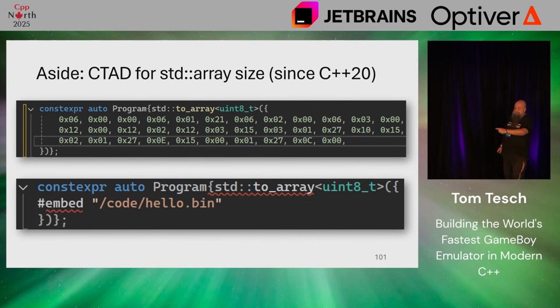I want to embed this, but if I have to know the size, fortunately I can do it with std::to_array. Unfortunately, if you're wondering why the red squigglies are there, it's because MSVC doesn't support #embed yet. Well, Clang does, as well as GCC in the meanwhile.